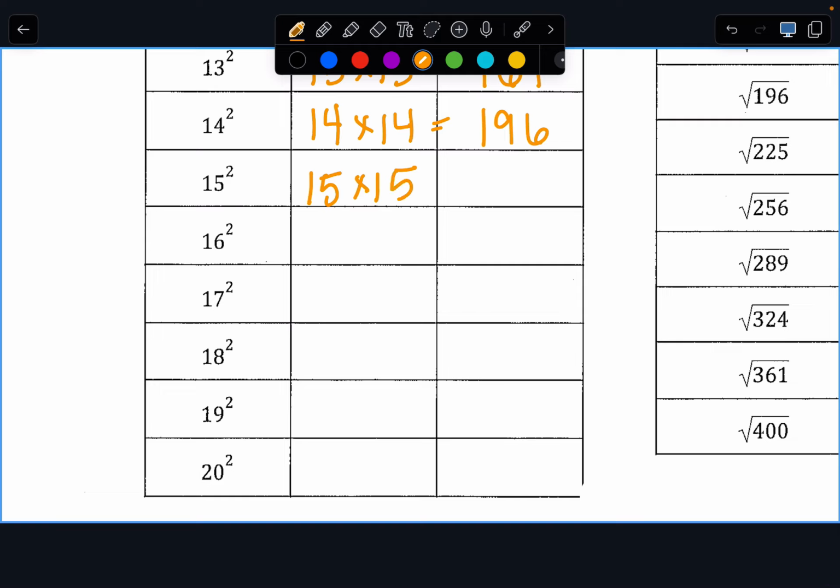Anybody know that one? It's 225. 16 squared means 16 times 16. 256.